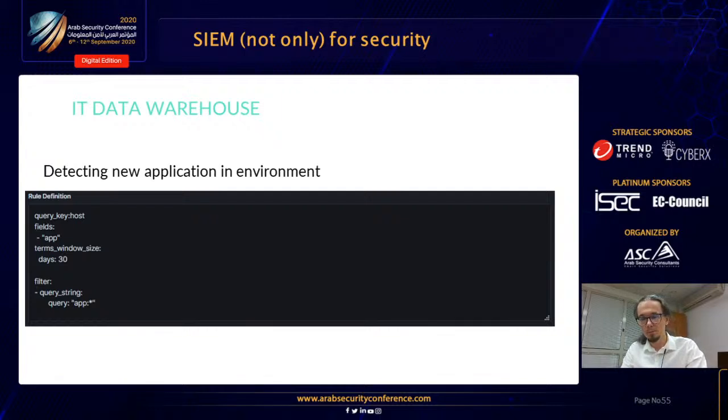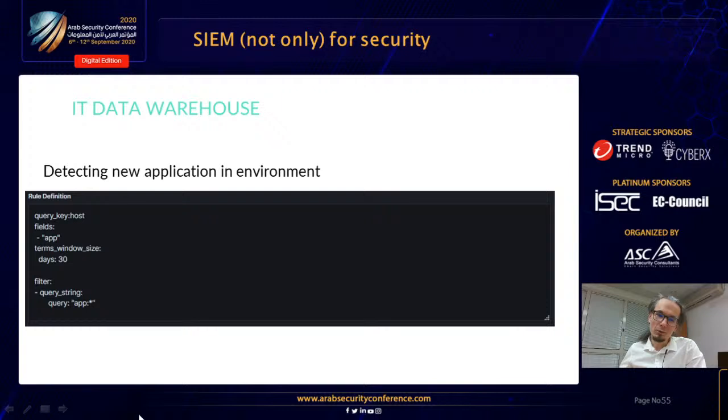So when an application is launched for the first time, there should be an alert, because maybe the application is malware or something else. When you have a big infrastructure, then you don't always control what is running, and you don't always know exactly what is running where. So alerting on that is a good idea.